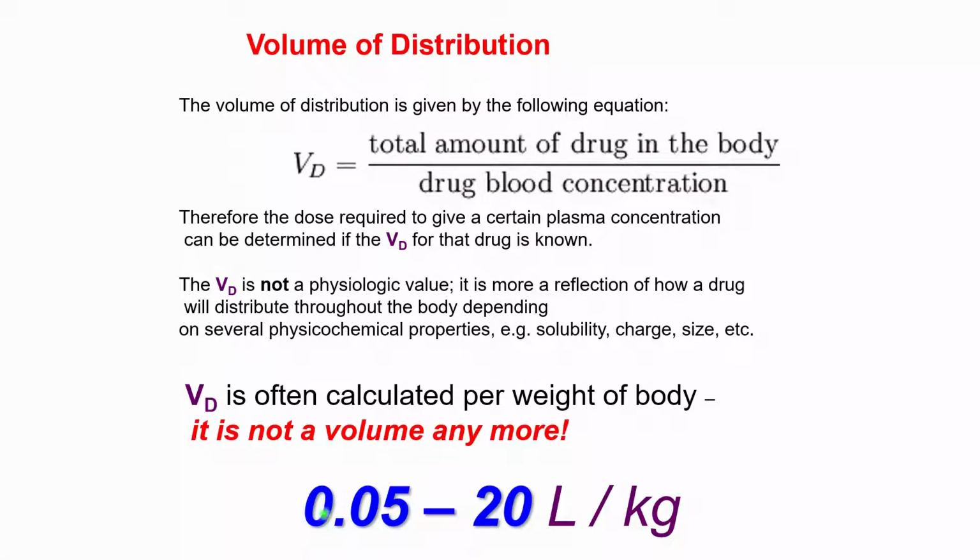So in this case, we are using liters per kilogram of weight of the person, and numbers of volume of distribution in these units will usually be between 500 and 20 liters per kilogram. To figure out the real volume, you just multiply by the weight of that person.